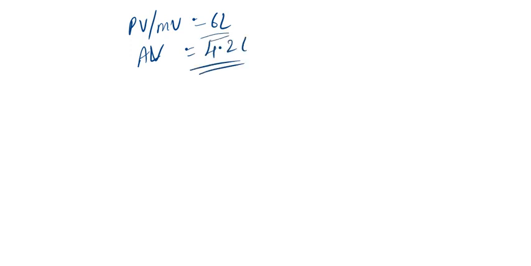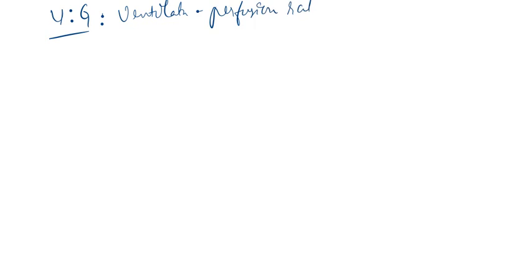Okay, clear? Now we will discuss something about the ventilation perfusion ratio, VQ ratio. No, don't be like Ramu. See, having a journey with one wife is only like walking in a desert with not even a drop of water.